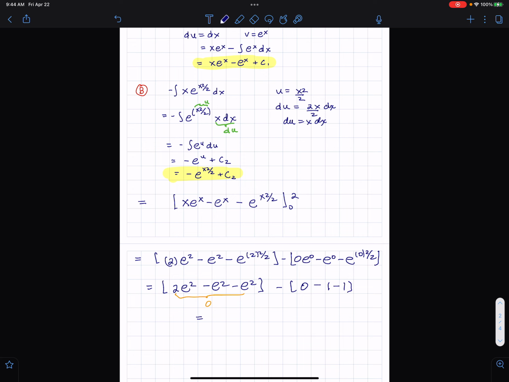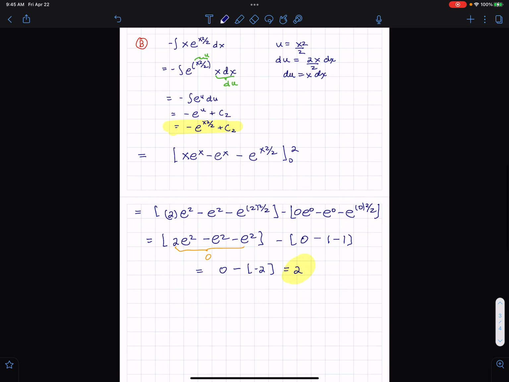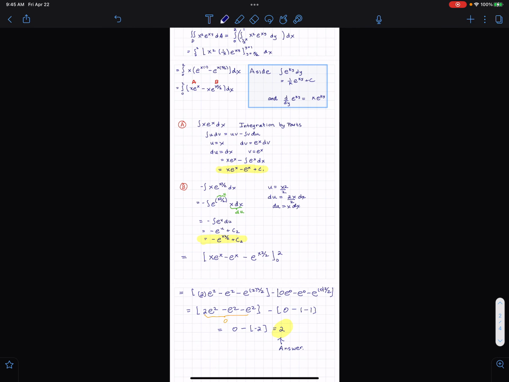So this gives 0 minus negative 2, which is 2. Well, did you see that coming, that you were going to get an integer as the final answer? I might have thought it might have e or something like that, but that's a pretty cool problem there, that after all that, we get 2.